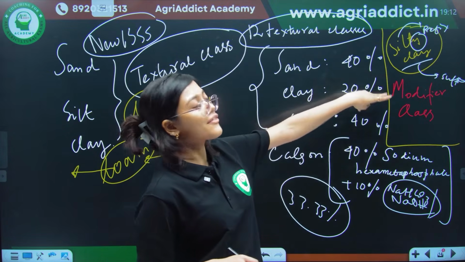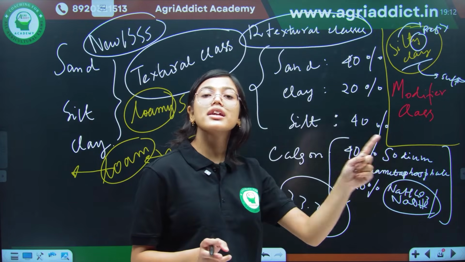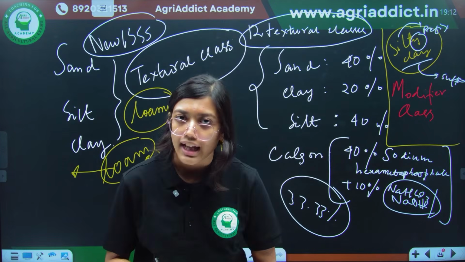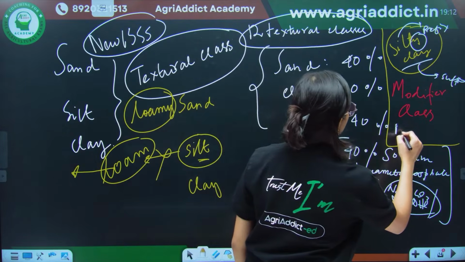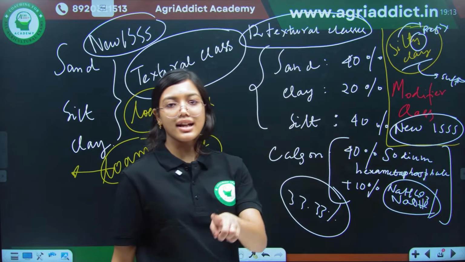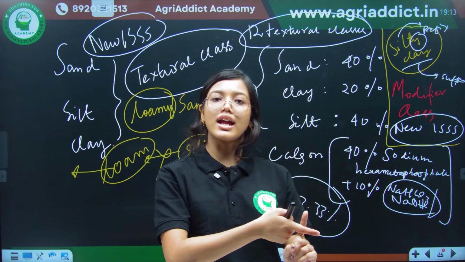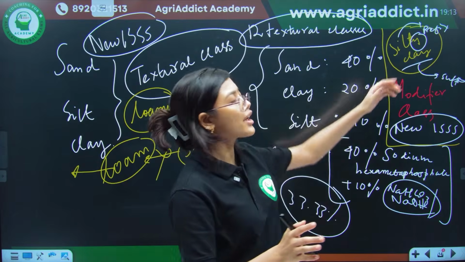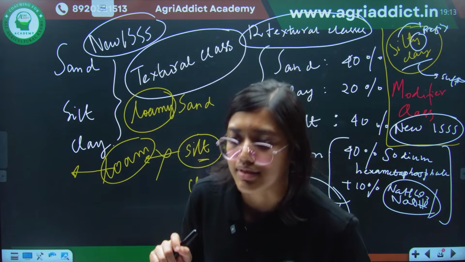So in the case of a silty clay soil, the proportion of silt will be greater than that of clay. This is also a line taken directly from the new IEEE. So if your textural class is silty clay, then the silt percentage will be more than that of clay, because to qualify for the clay textural class, you only need greater than 40%.